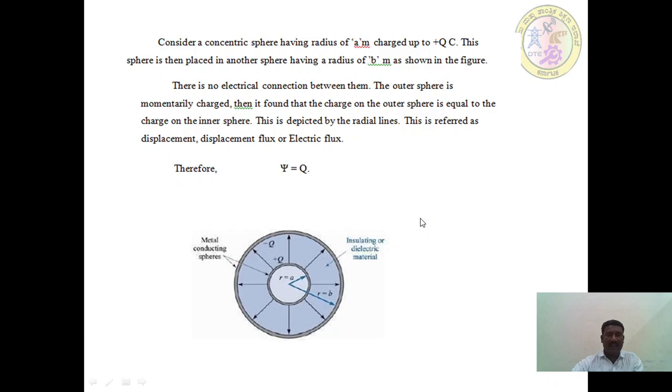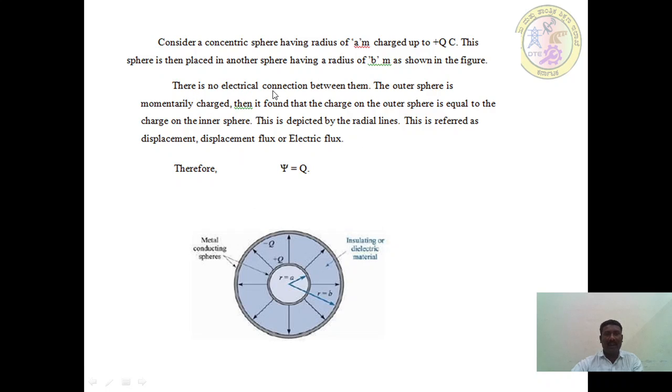Okay, let us consider a concentric sphere having a radius of a meter, that is the small one, charged up to a plus q coulombs. This sphere is then placed in another sphere having a radius b as shown in the figure.